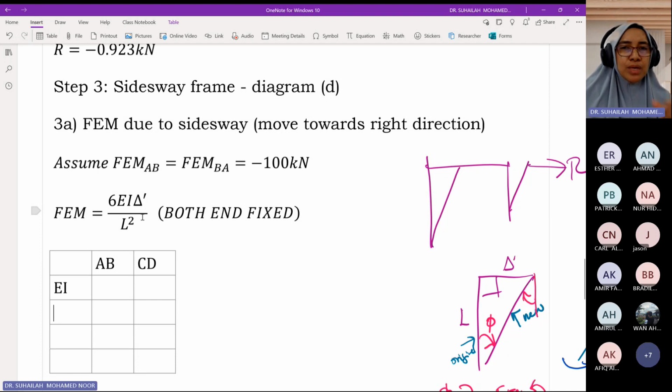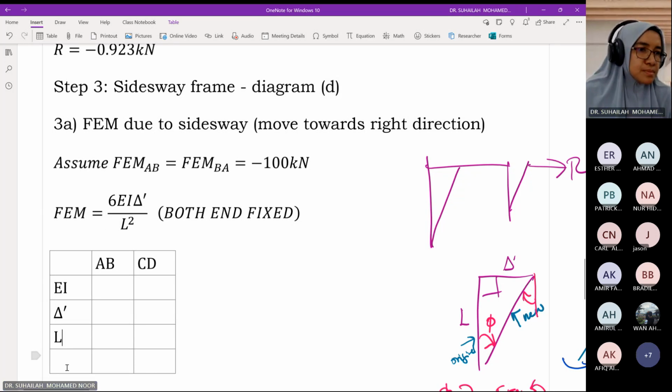The unknown in the formula, EI we group as one, EI delta prime with L. So it means that FEM depends on all three of these: EI, then delta prime, and after that L, here L, from the formula.